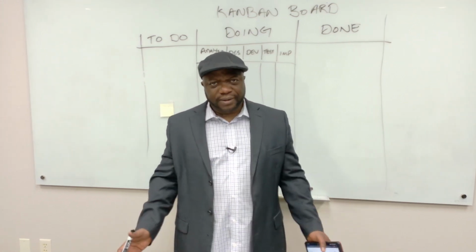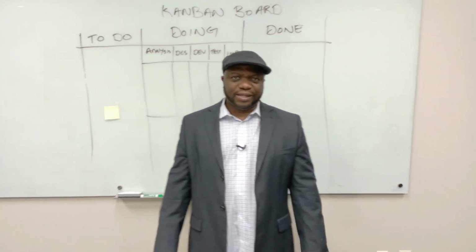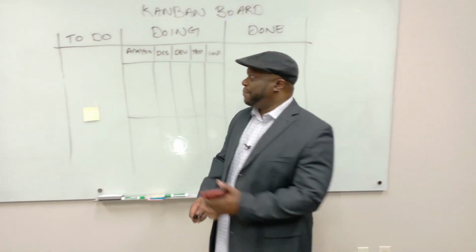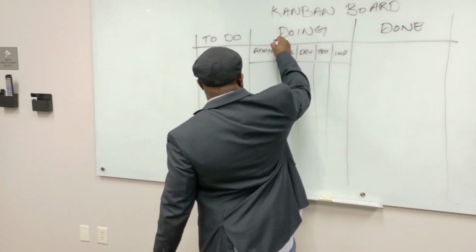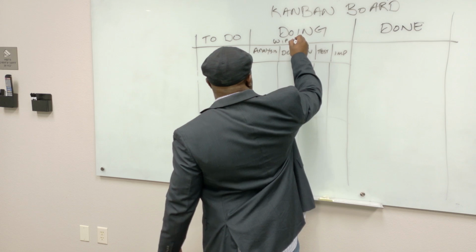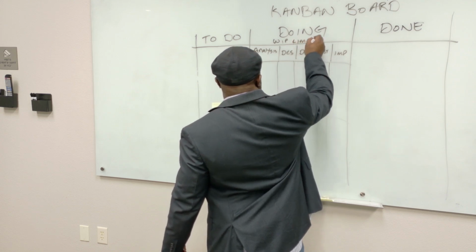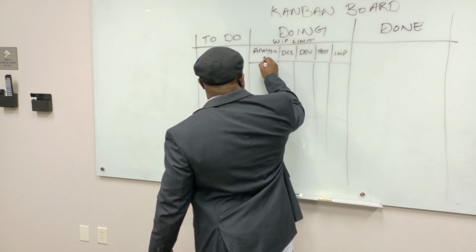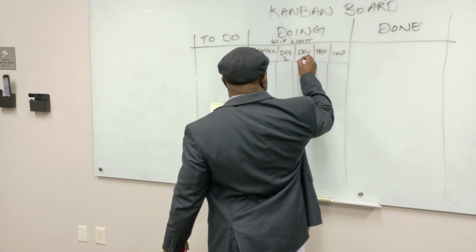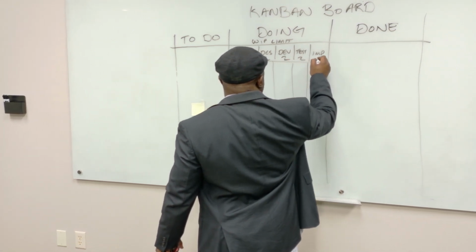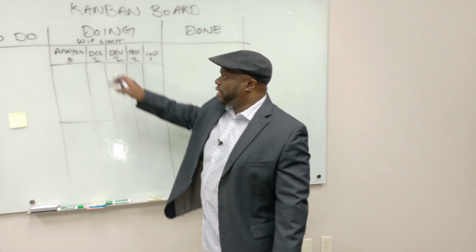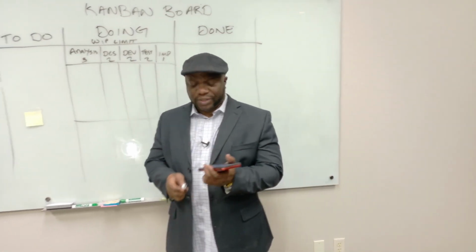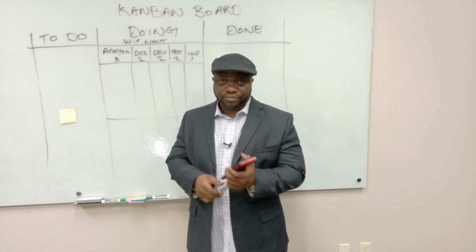But Kanban is expanded upon in that literature. What you need to remember is that for each one of these, you have a WIP limit, work in progress limit. For example, we could have a 3, a 2, a 2, a 2, and a 1. And this just shows us our work in progress limit. We shouldn't exceed our WIP limit.